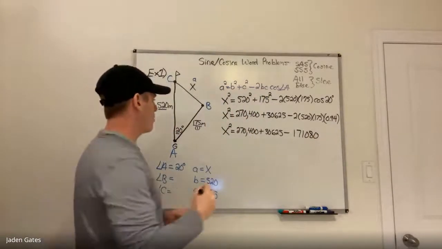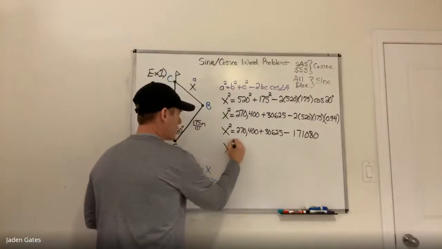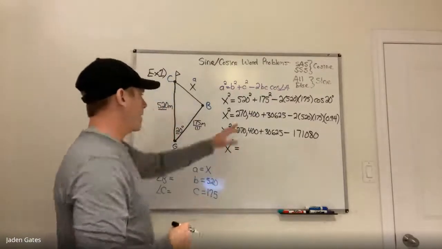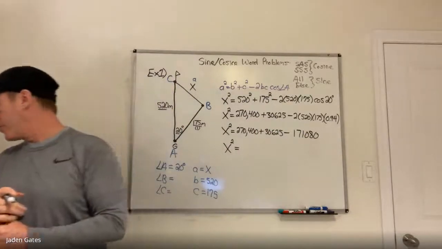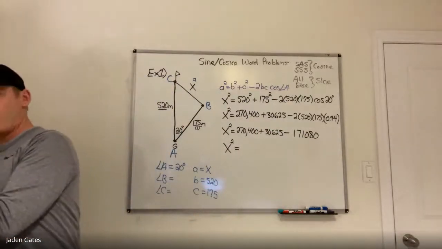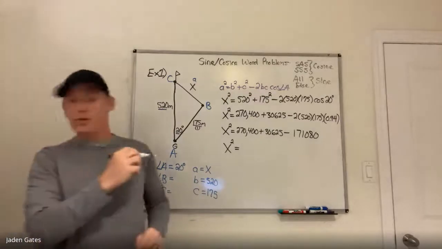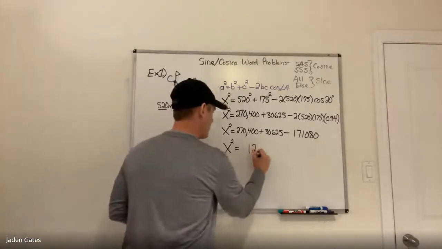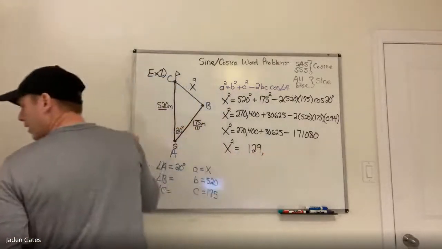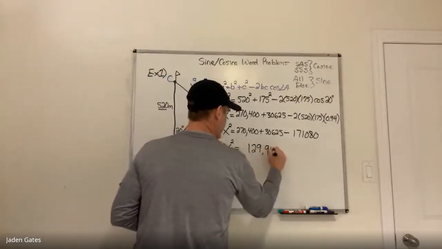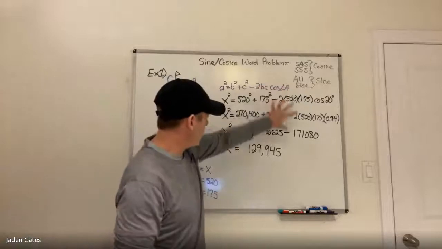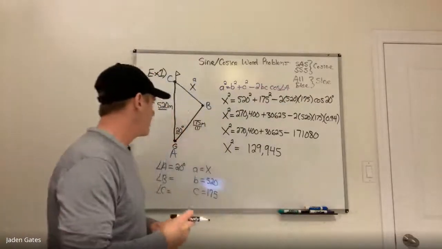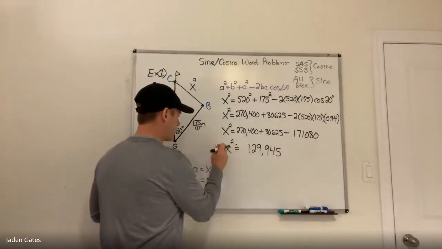Now, again, following BEDMAS, I do my adding and subtracting here. So I put those numbers together. Let's see what I'm getting here. I got 129,945. Big numbers. Of course, things are getting simpler, which is always good in math. I want to get my x value by itself.